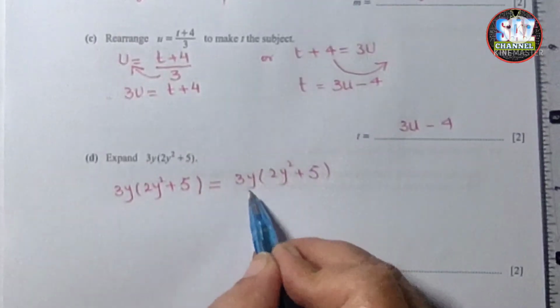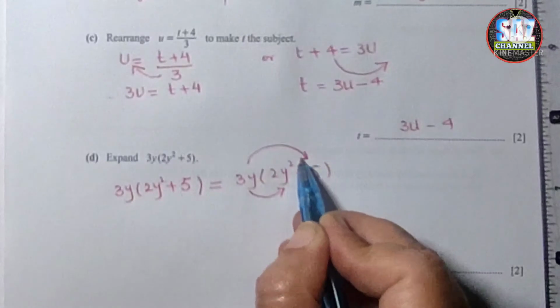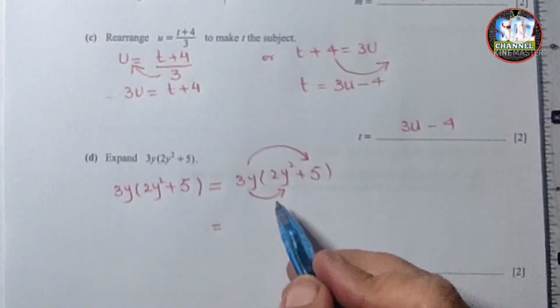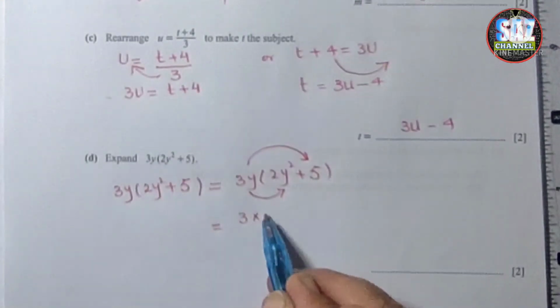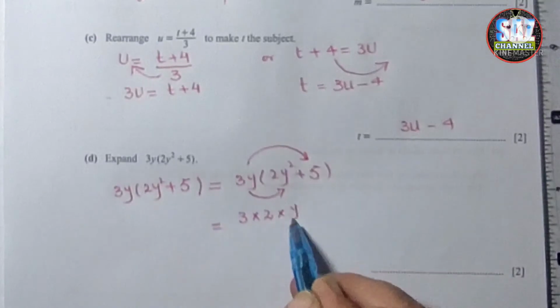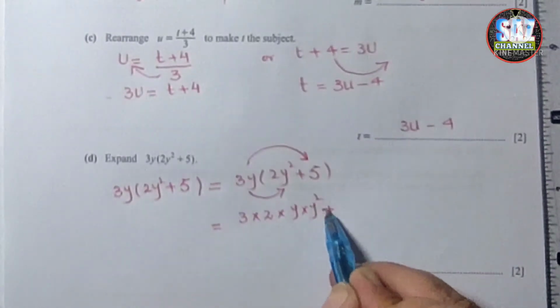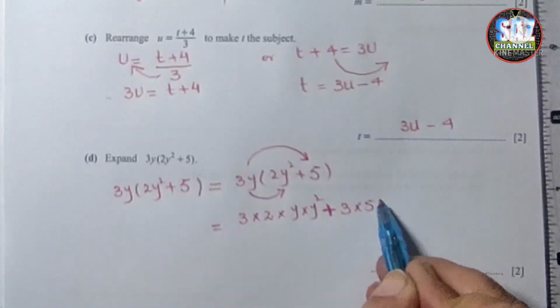And now what we have to do, we have to apply the distributive property, that the number which is outside the bracket has to be multiplied with every term inside the bracket. This will become 3 multiplied by 2 and y multiplied by y square, plus the sign will be coming as it is, 3 multiplied by 5 and y.